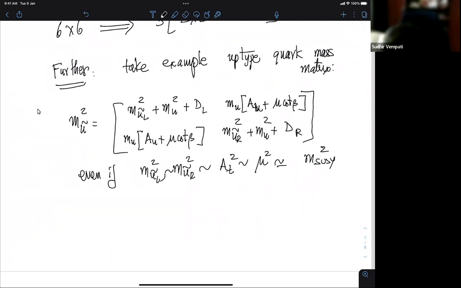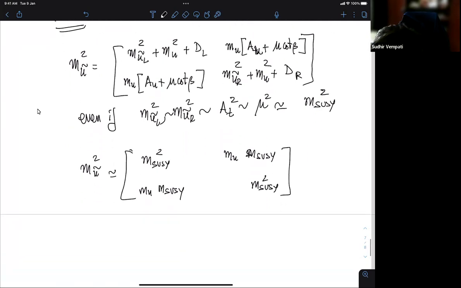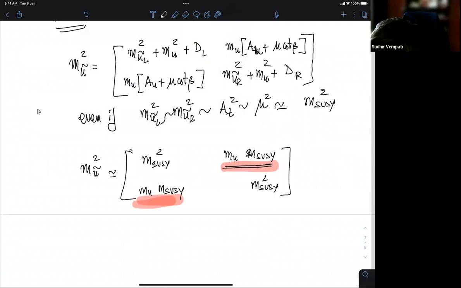Even in that case, this is extremely small, so you set it to 0. Essentially, you can neglect it. Even if you don't set it to 0, it doesn't matter.